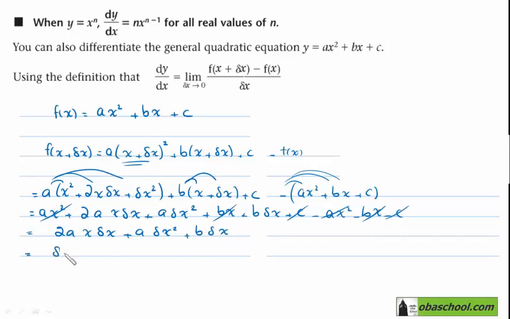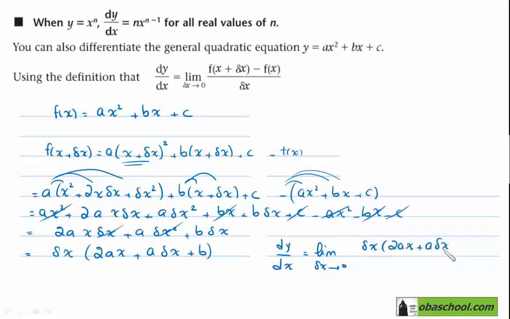Before we substitute, we can take delta x outside, so the remaining is going to be delta x multiplied by 2ax plus a delta x plus b. This can now be substituted in the numerator of dy by dx. So it's equal to the limit as delta x tends to 0 of delta x multiplied by 2ax plus a delta x plus b, all divided by delta x.